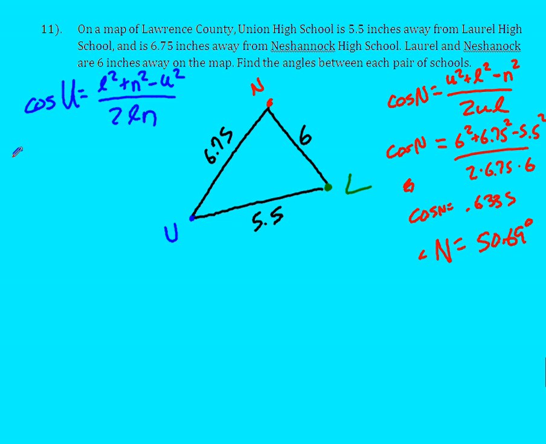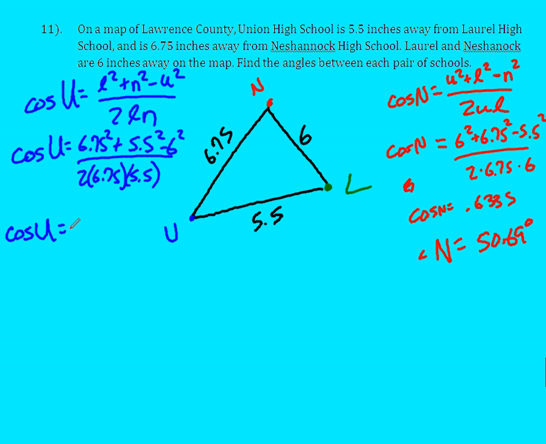It means cosine of U will equal L is 6.75, N is 5.5, U is 6, all over 2 times 6.75 times 5.5. That means cosine of U will equal, when I plug all that out, 0.5362. Take the inverse cosine, I get angle U to equal 57.57 degrees.